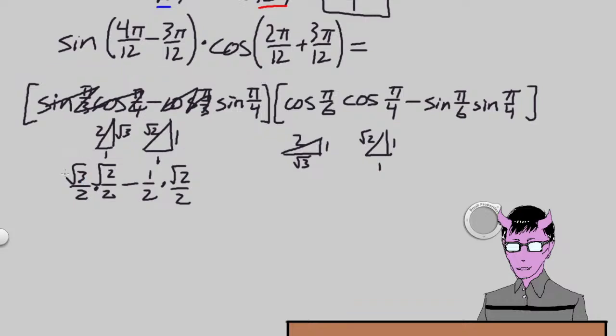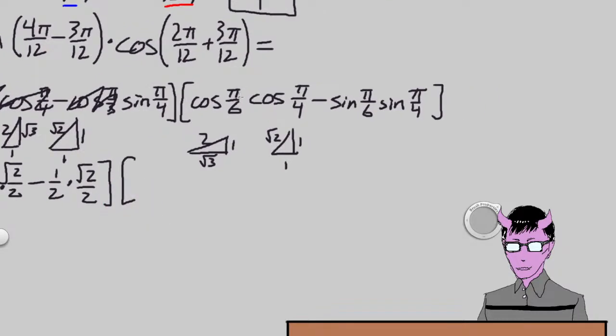Don't forget your brackets. Bracket, bracket. So times cosine of that, root 3 over 2. I said it backwards. Root 3 over 2. Cosine of that one. Are you tired of these numbers? Sine of that one is 1/2. Root 2 over 2.